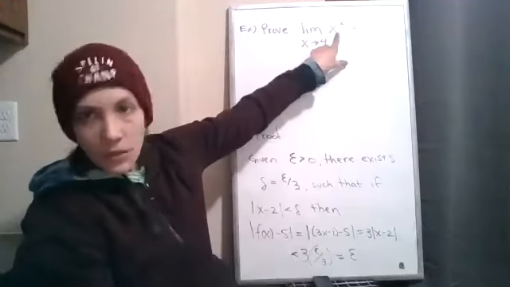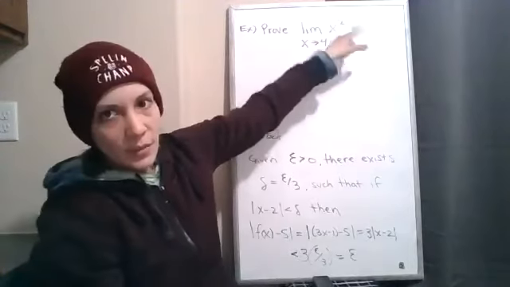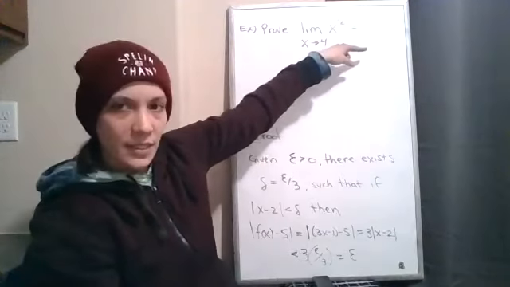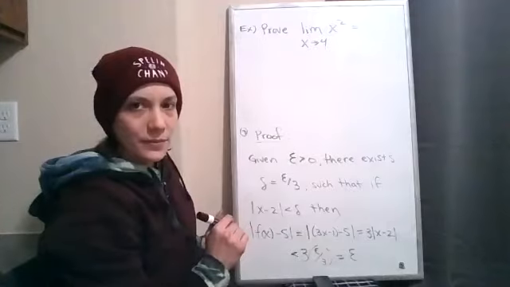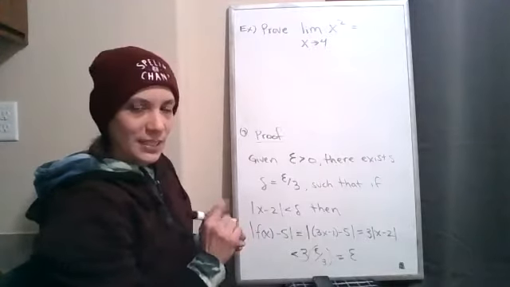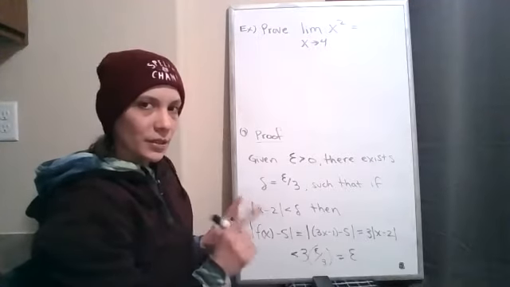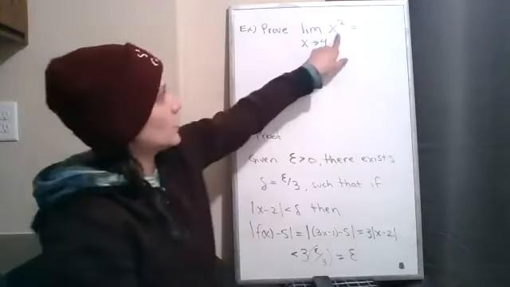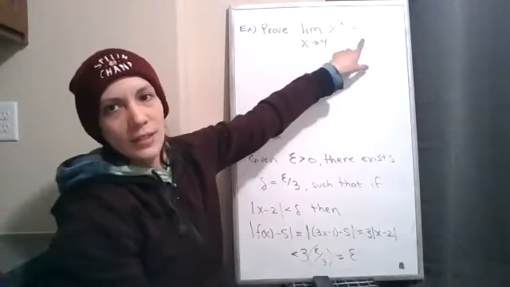So x is getting closer and closer to 4, which makes x squared, the limit for x squared, equal to, what do you guys guess? Somebody? Type it. X is getting closer to 4, so x squared is getting close to 4 squared. 16.